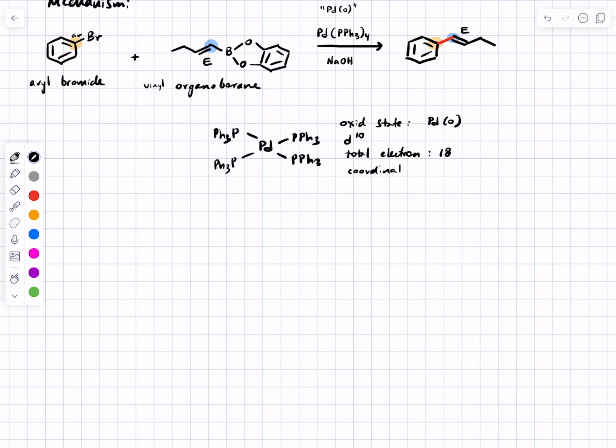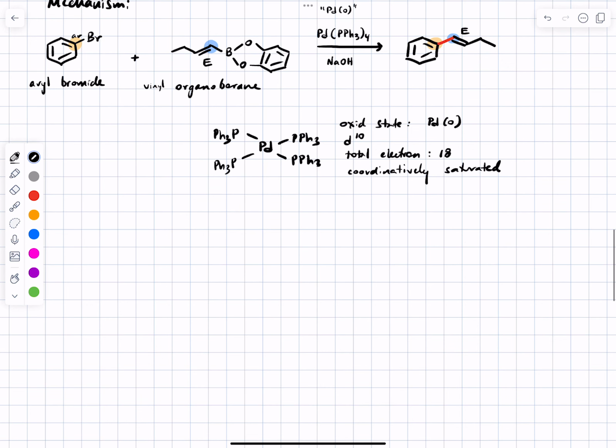That means palladium is coordinatively saturated. There is no place for an additional ligand to bind. So it should be no surprise that the first step is ligand dissociation.